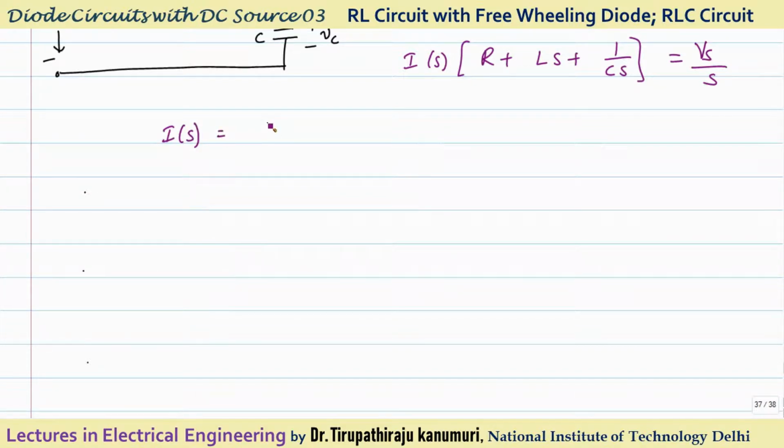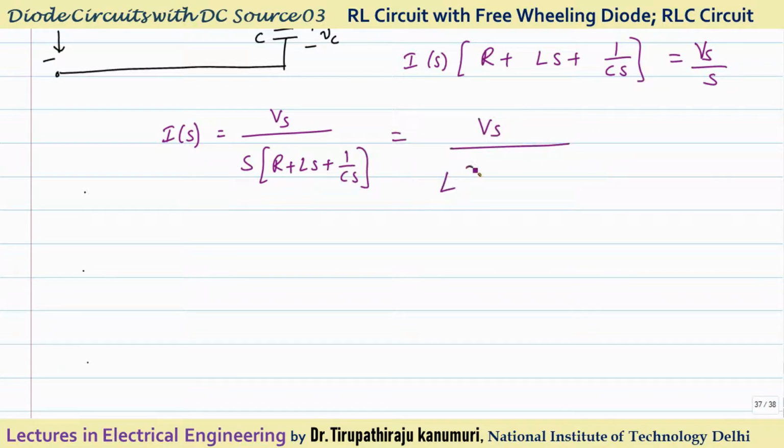So from this I can calculate the value of I of S is equal to Vs divided by S into R plus Ls plus 1 by Cs. Agree with me? So this I can write as Vs divided by L into S square plus R by L into S plus 1 by LC. I want to write it in the form S square plus something, so that's why I have converted it like this.